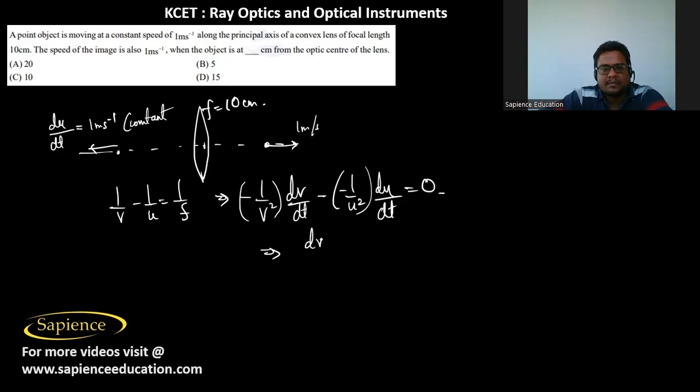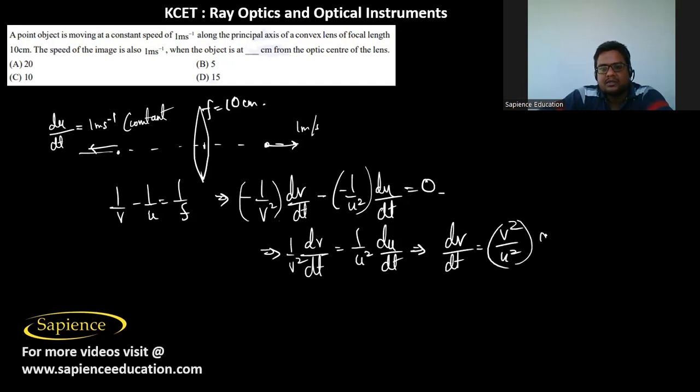Therefore dv by dt into 1 by v square is equal to 1 by u square du by dt. So dv by dt is equal to v square by u square into du by dt. Now v by u is the linear magnification, so I can say m square du by dt. So dv by dt is the speed of the image.